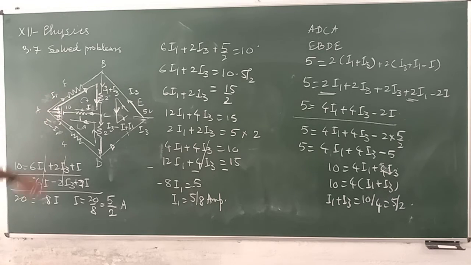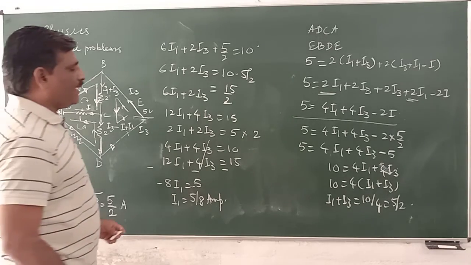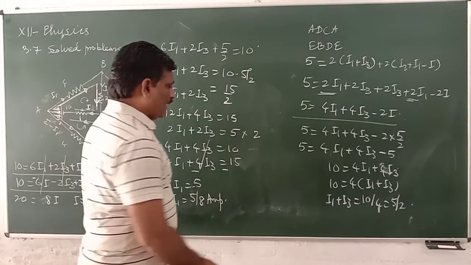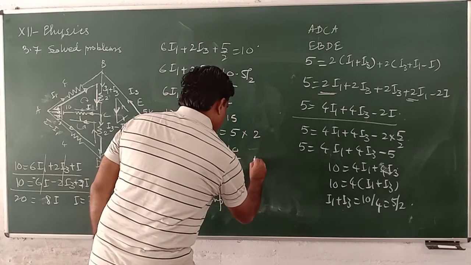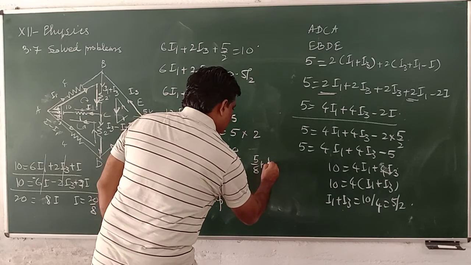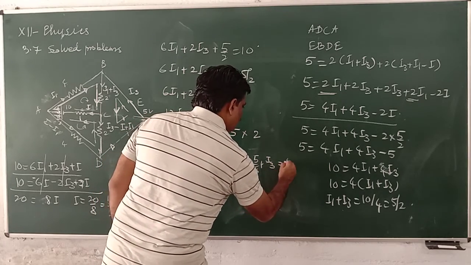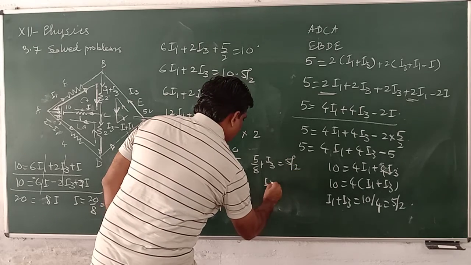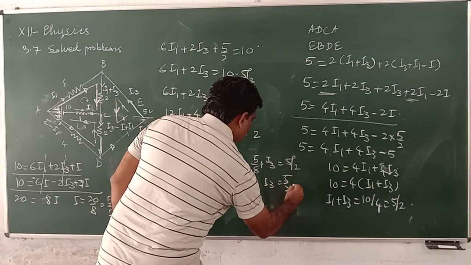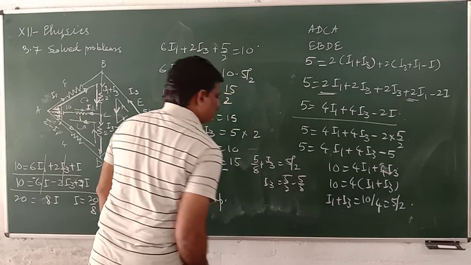So this one goes 5 by 8 ampere. Similarly, I3 also we can calculate. Once we get this equation, we can use 5 by 8 plus I3 is equal to 5 by 2. So I3 is equal to 5 by 2 minus 5 by 8.